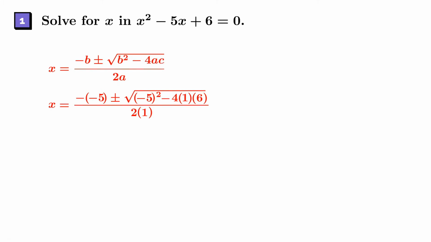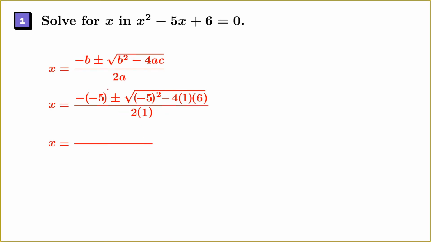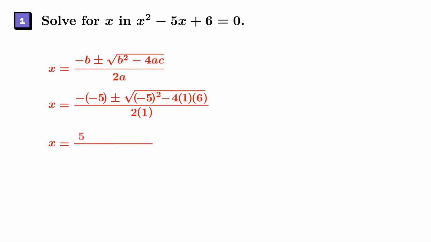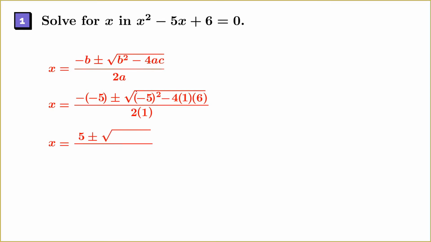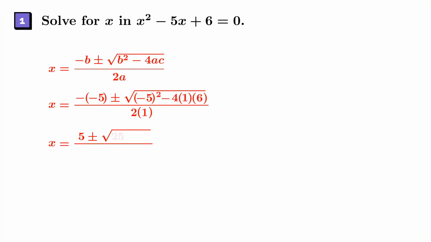Tapos, continue simplifying lang, no? So, x equals negative of negative 5, that is positive 5. And then, copy plus minus the square root of negative 5 squared, that is 25.